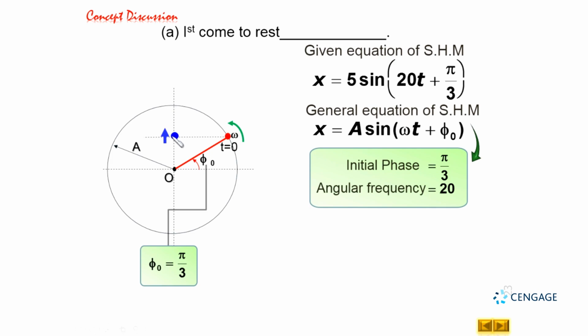And if it travels the distance from here to here, during this time this rotating particle will reach this position, traveling this arc length, and you know this angle is π/3.